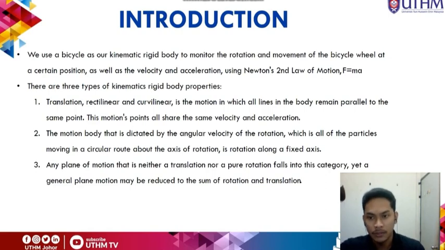Second, rotation, the motion dictated by an angular velocity, in which all the particles move in a circular route about the axis of rotation, rotating along a fixed axis. And last, third, any plane motion that is neither a translation nor a pure rotation falls into a general category, yet a general plane motion may be reduced to the sum of rotation and translation. Okay, next.